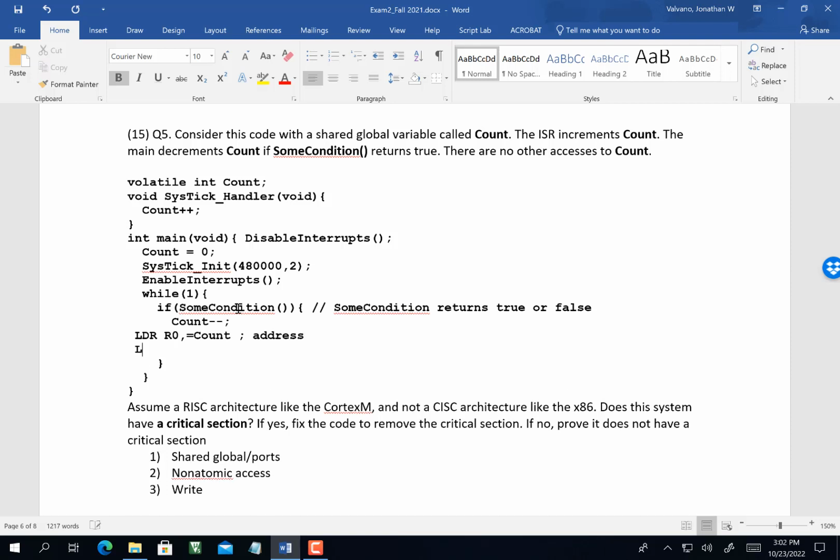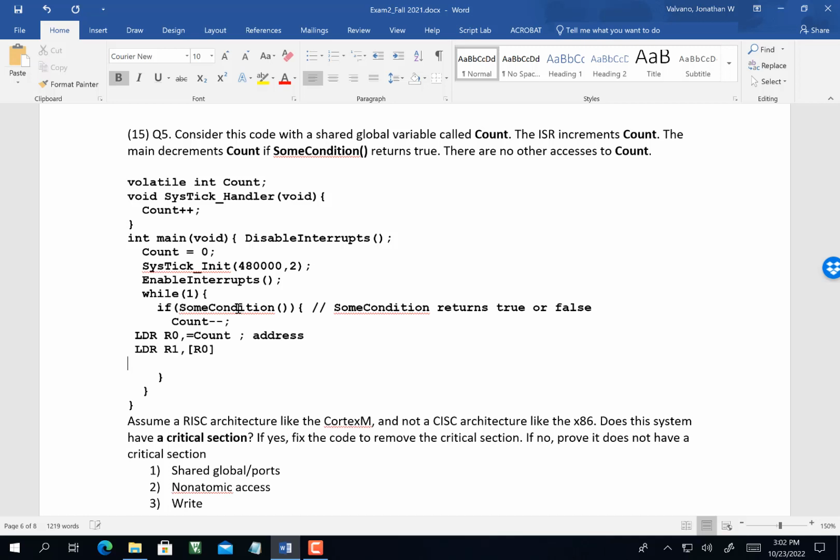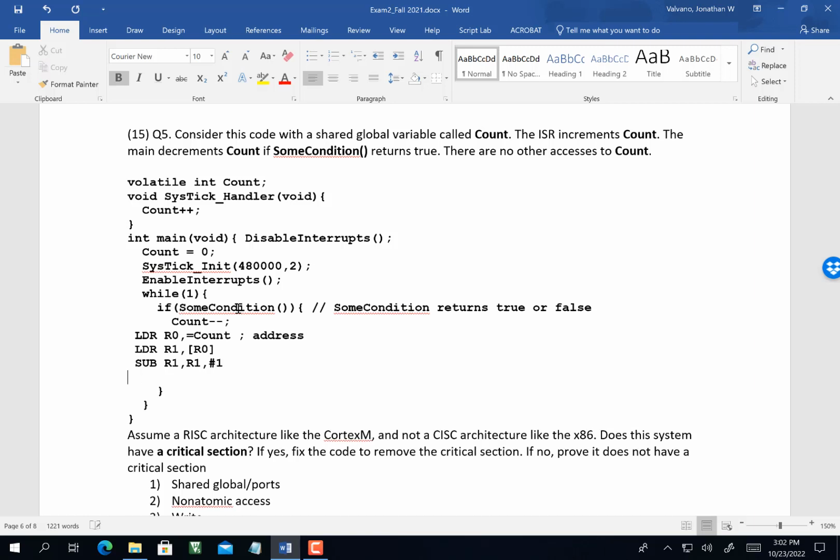The next 2 parts you do need to know. We're going to fetch the contents. We can't read, modify, write with 1 opcode on the Cortex-M, and so this is a non-atomic sequence. That's the whole point, that the read, modify, write occurs in 3 instructions.